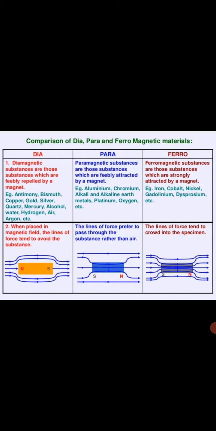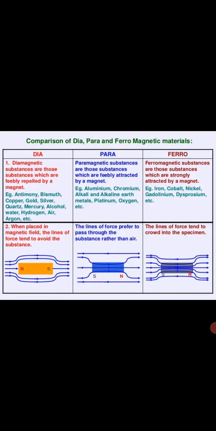Examples of the paramagnetic substances are manganese, aluminium, chromium, platinum, sodium, copper chloride, oxygen, etc. As you are observing in the diagram, the lines of force prefer to pass through the paramagnetic material than through the surrounding air. Means a few lines of force pass through the paramagnetic substance.